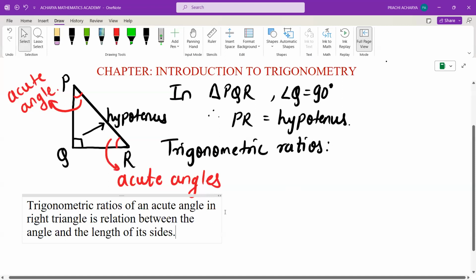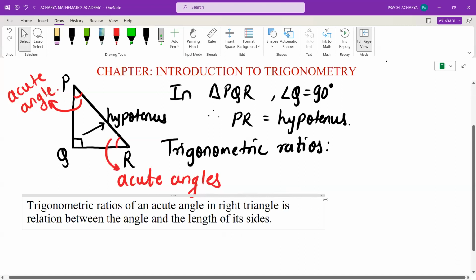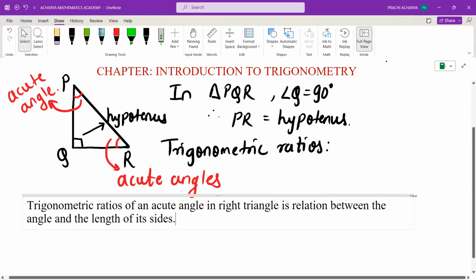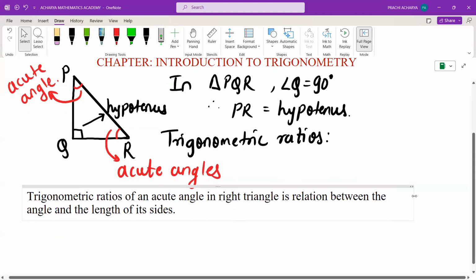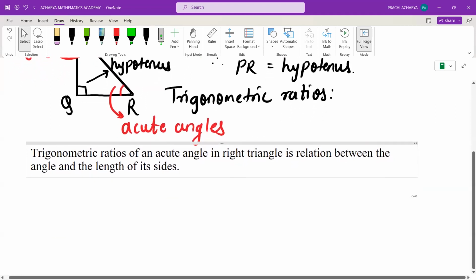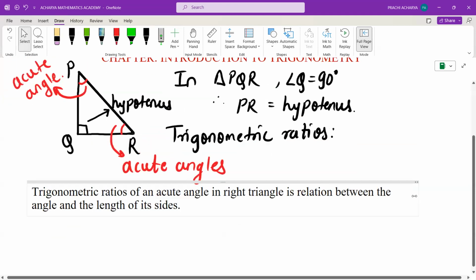All right. So this is nothing but trigonometric ratios. Here we will express acute angles as a relation between sides and angle. So let's start with writing them one by one.